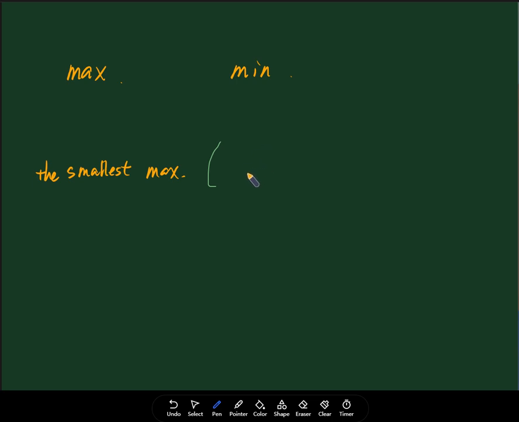In the reverse way, we also have the largest minimum. If it's a little bit too abstract, we can just take the number of things, like we are going to share something.